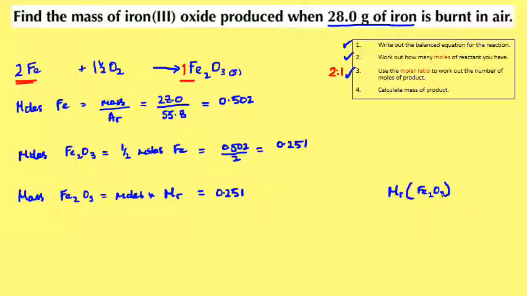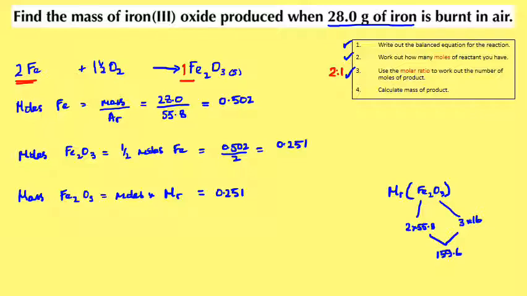of Fe2O3. So iron, we've just said, is 55.8, so that's going to be 2 times 55.8, and oxygen is 16, we have 3 of those, and if we add those 2 together, we get 159.6.